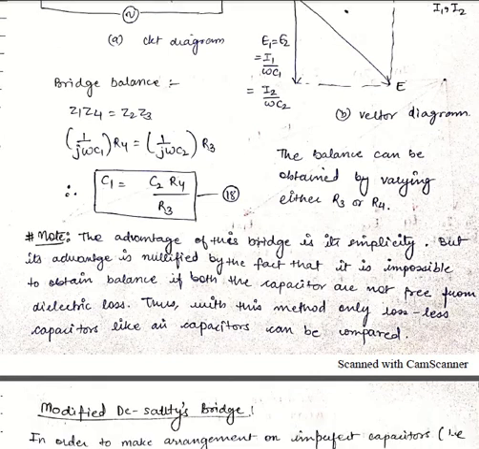The advantage of this bridge is its simplicity, as we discussed, but this advantage is nullified by the fact that it is impossible to obtain balance if both the capacitors are not free from dielectric losses. So with this method only lossless capacitors like air capacitors can be compared.